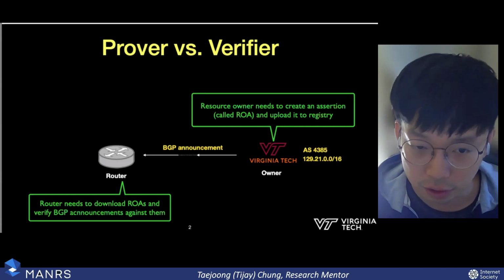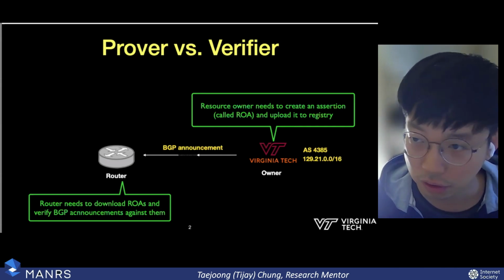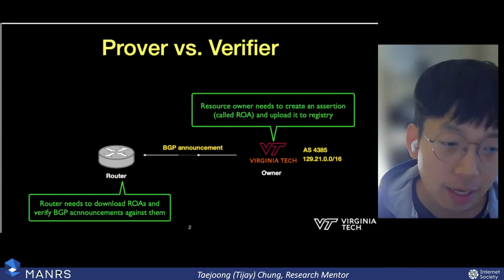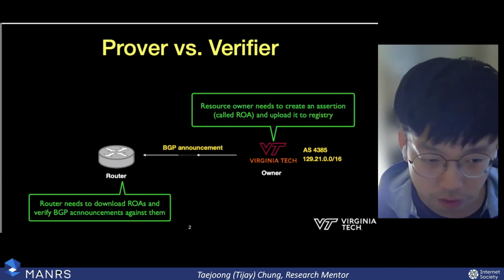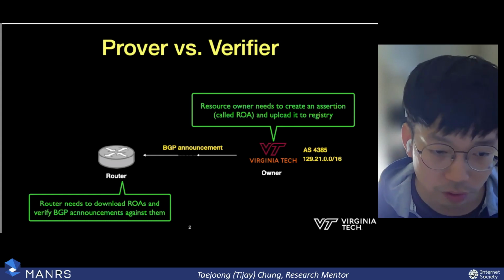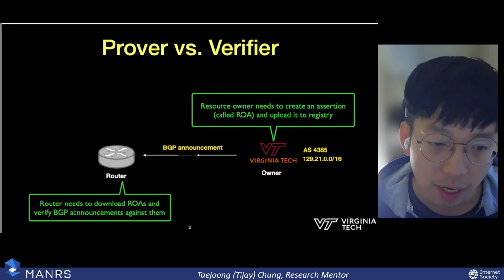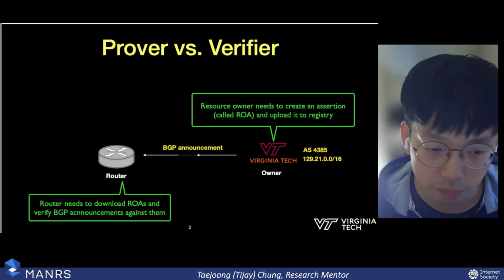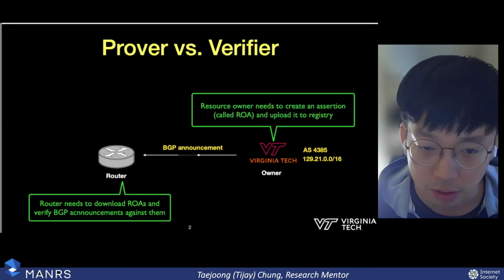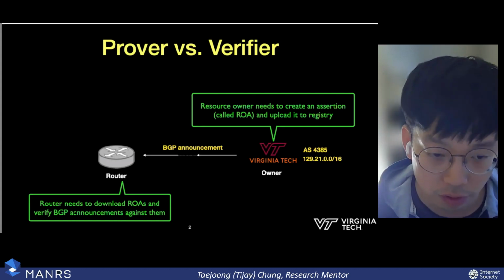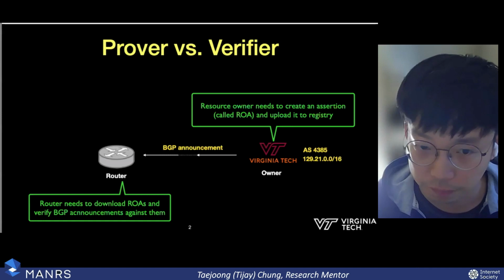They do so by creating an object called a ROA, and they have to upload it to the registry. The other role is the routers. A router also needs to download these ROAs from all these registries and use them to verify BGP announcements against them. So there are two perspectives here, resource owners and the verifier, which is the router.